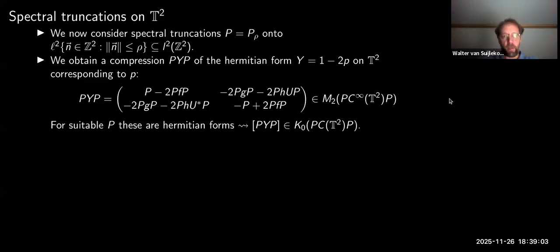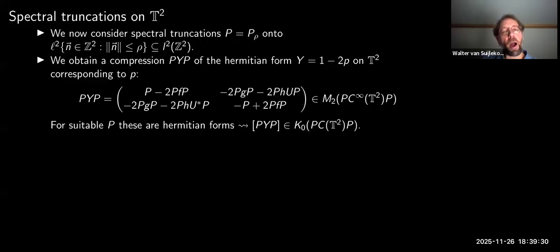That's the thing which is indeed invertible, and I'm compressing it, hoping of course it will still be invertible. One can check in some cases that for certain p or certain rho, this will indeed be Hermitian forms. And so then you end up in the K-theory of my operator system coming from this spectral truncation.